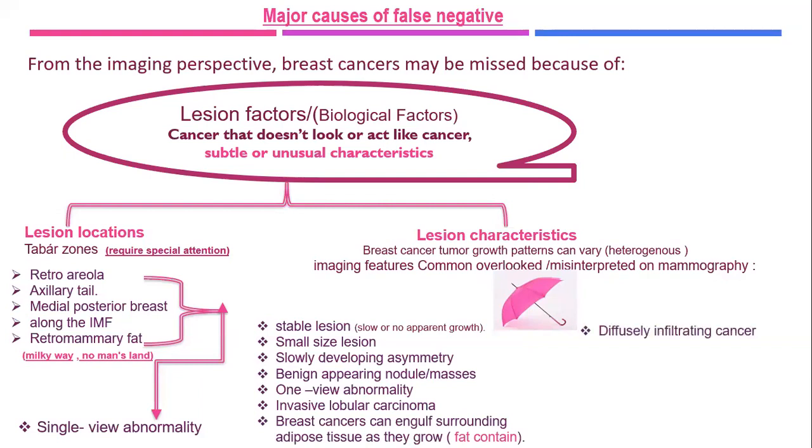Diffuse infiltrating cancer can also be difficult to appreciate. Architectural distortion is usually subtle, difficult to differentiate from the adjacent normal tissue, especially if it is of the same density. And a shrunken breast might also result in an apparent fault. You might think the contralateral larger breast to be the abnormal side, and scar carcinoma usually is challenging.